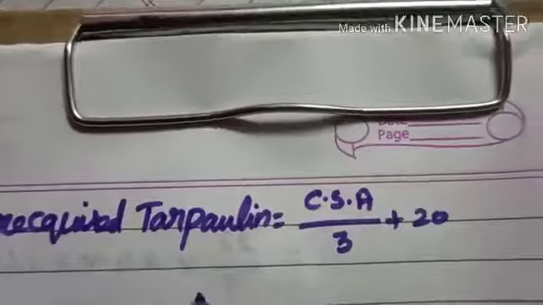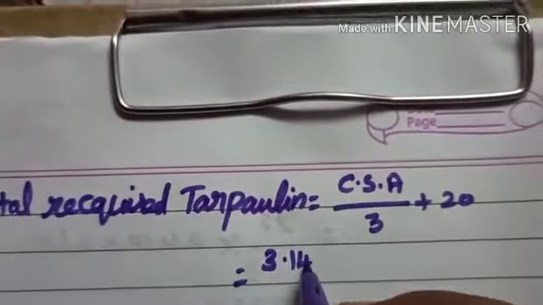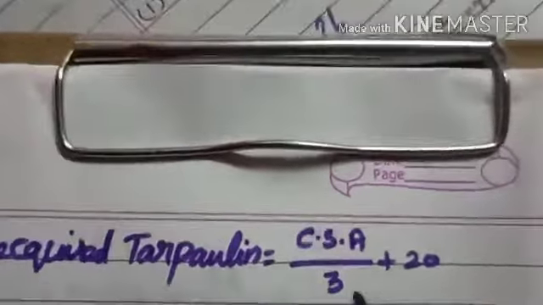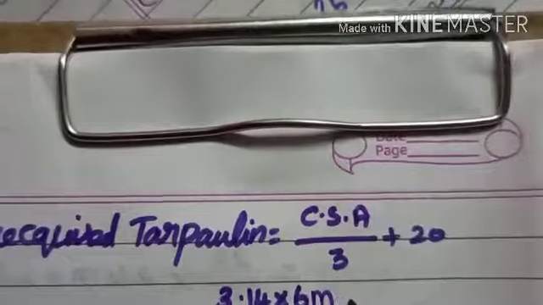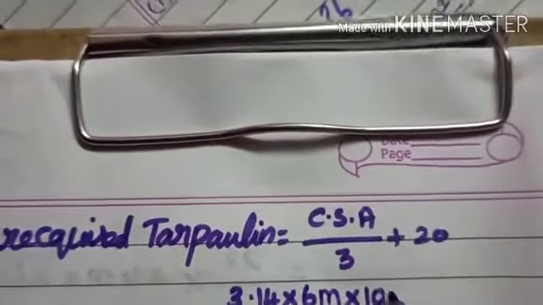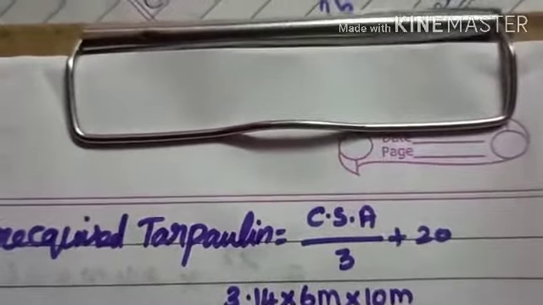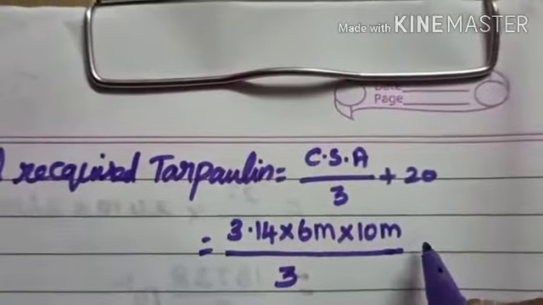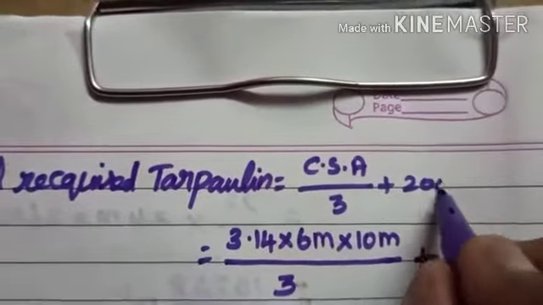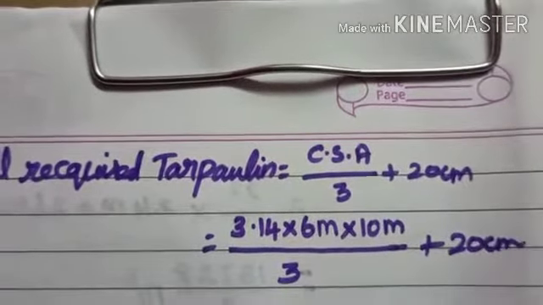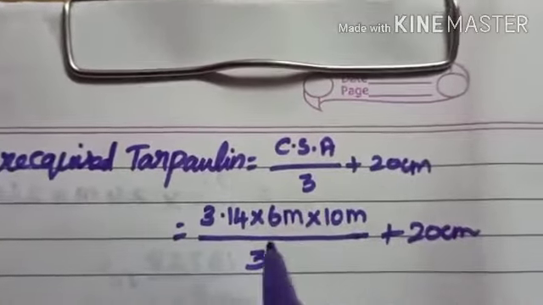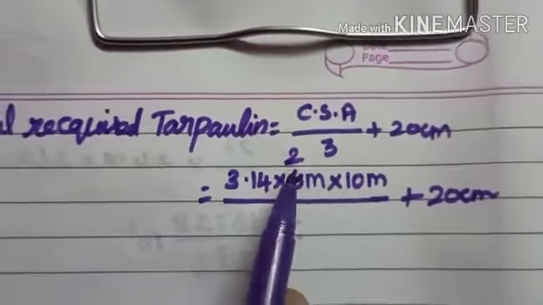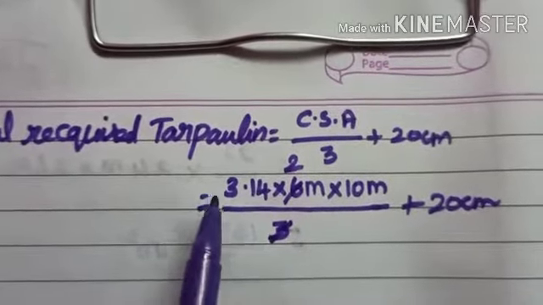For CSA, we take 3.14 into the radius, which is 6 meter, into 10 meter, which is l, divided by 3, plus 20 centimeter. So 1 3s are 3, 2 3s are 6, and now you multiply this to get 6.28.